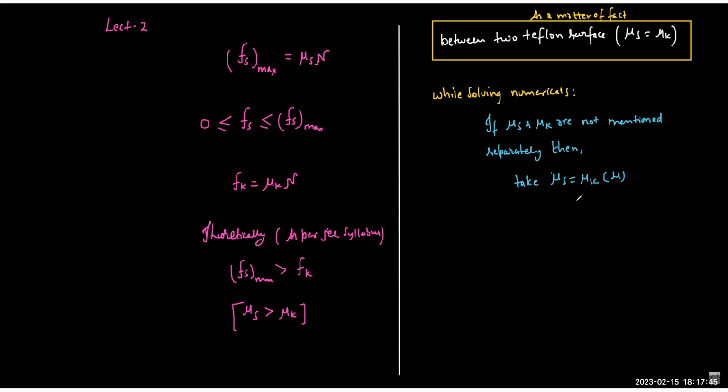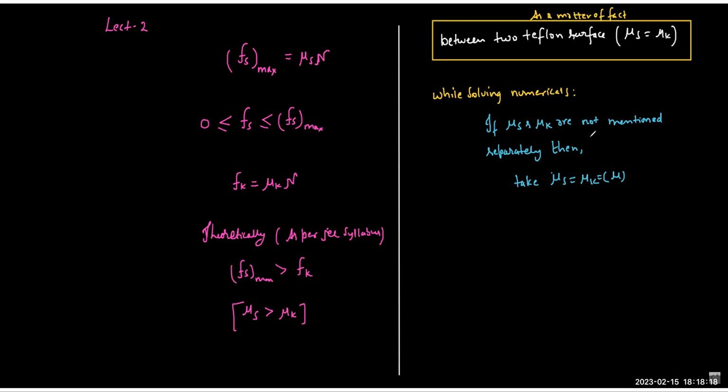Generally even in JEE Advanced or Mains problems, they mention mu s and mu k separately. But sometimes they do not mention. No need to worry if they are not mentioned, and from the context it is clear that it is not required. Take both of them as the same value. Now, that is against the theoretical assumption, but you are solving a numerical type problem, so there the theoretical assumption will not hold true.